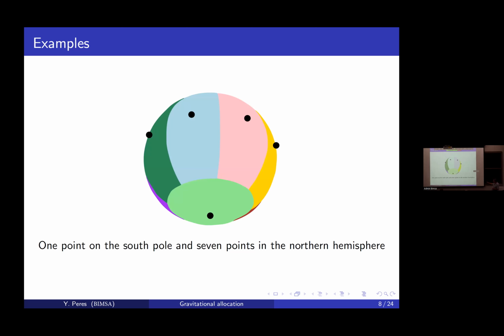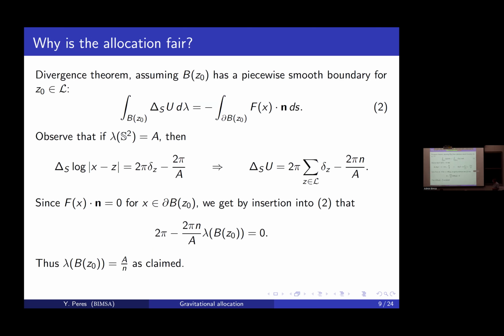When you have a lot of stars in the Northern Hemisphere, they gang up together and pull points that are close to the South Pole, which still get pulled to the North Pole. So things magically always exactly balance. And the proof that you get exactly unit area is a beautiful 5-minute application of the divergence theorem.